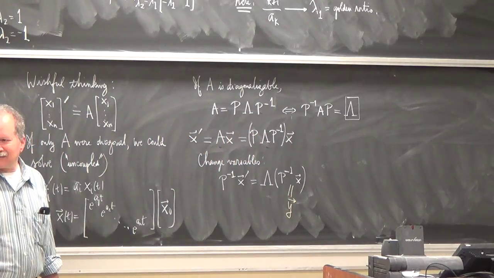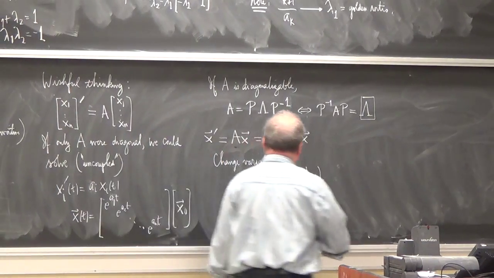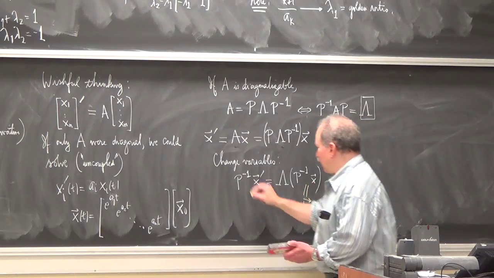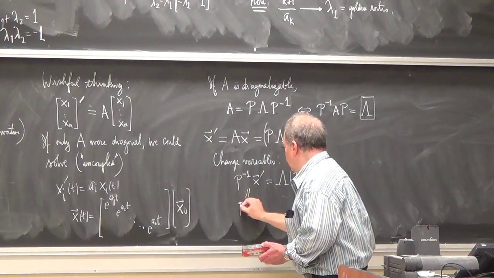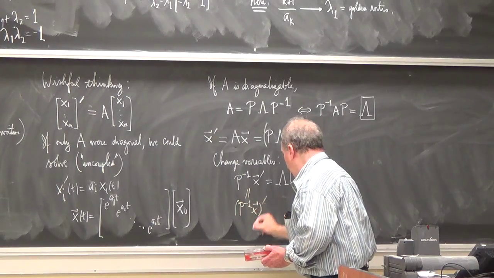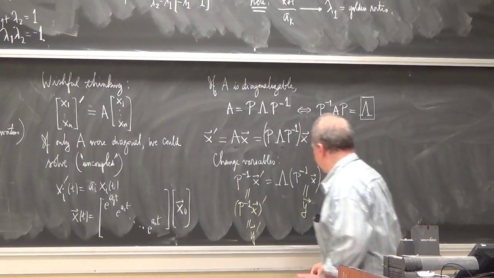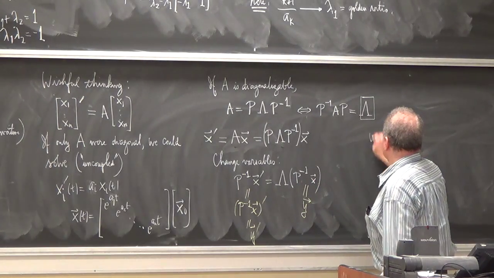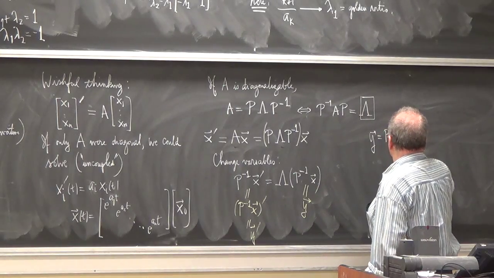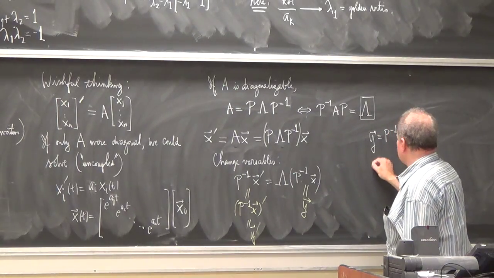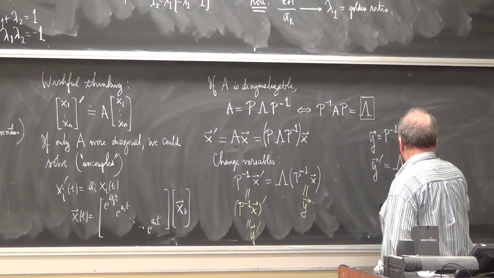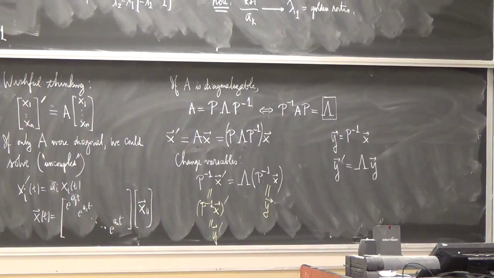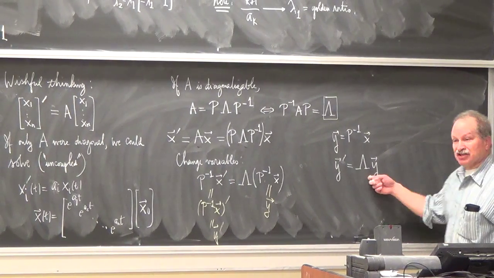I multiply by P inverse and call this a new variable. Then P inverse x prime is y prime. So letting y equal P inverse x, we're now getting the differential equation that is diagonal. And we know how to solve this.